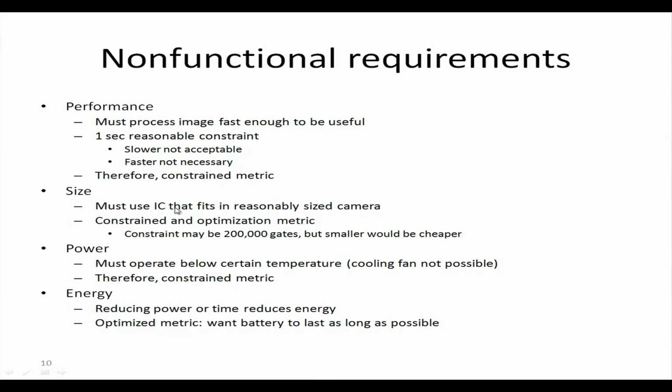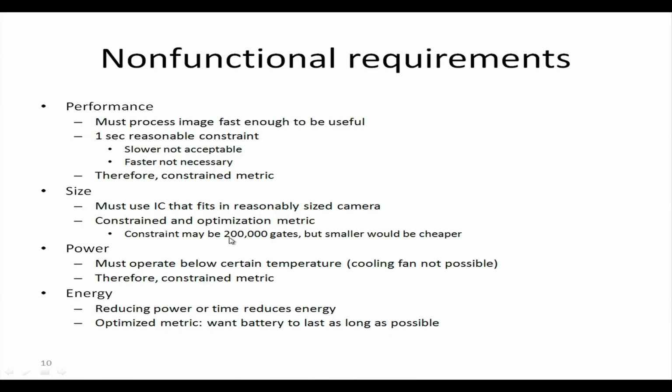The size is must use an IC that fits in a reasonable size camera, constraint and optimization metric, because it is constant, but I need to optimize, because the less space it takes, the better it is. So, constraint may be around 200,000 gates, but smaller would be cheaper. Therefore, this is an optimization constraint. Okay.